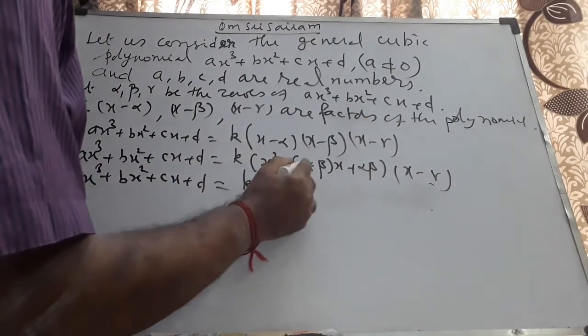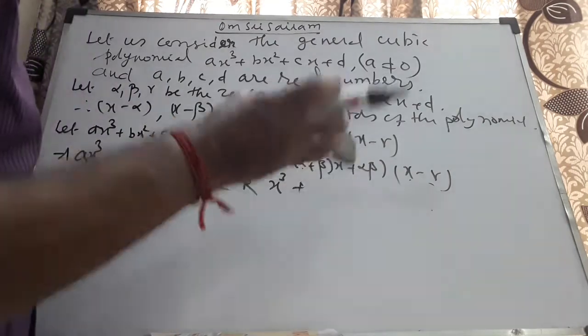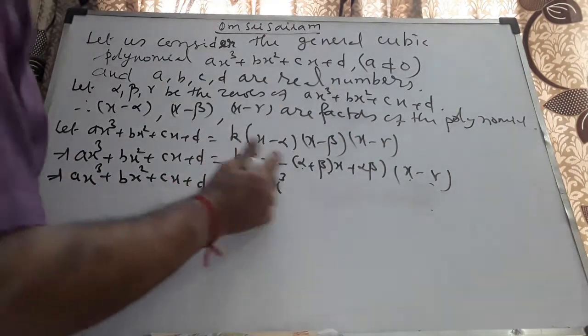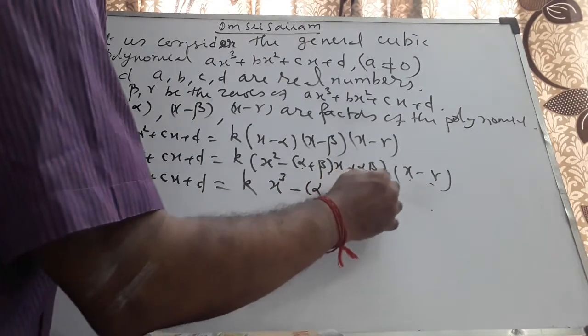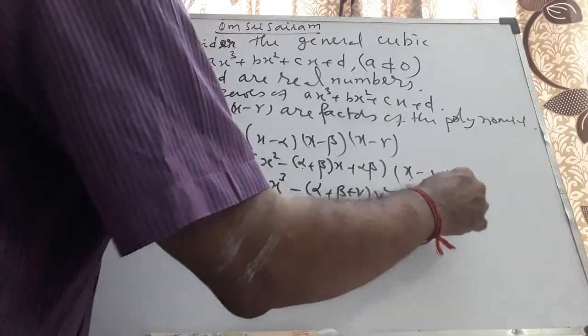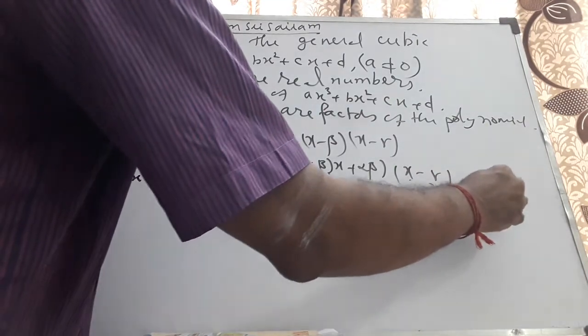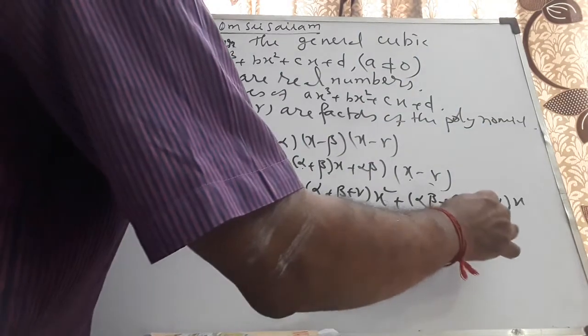Therefore it will be minus of alpha plus beta into x square, then of course minus gamma x square, therefore minus of alpha plus beta plus gamma into x square. Then plus alpha beta plus beta gamma plus gamma alpha into x, plus minus alpha beta gamma.